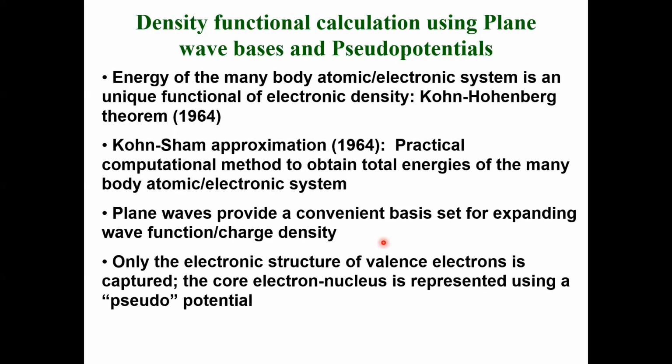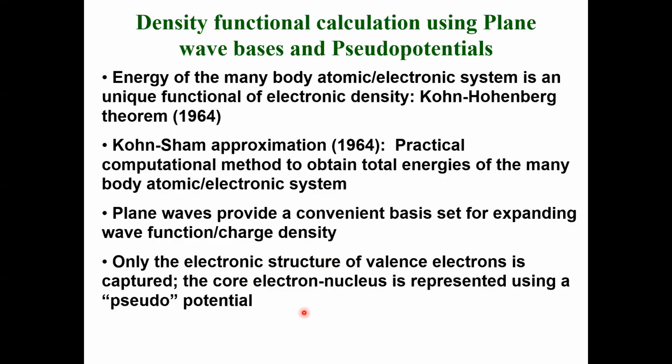So the core orbitals are not represented, or in fact, the quantum mechanical representation of the core orbitals is frozen. Only the valence electrons are represented accurately. This is called pseudo potentials.